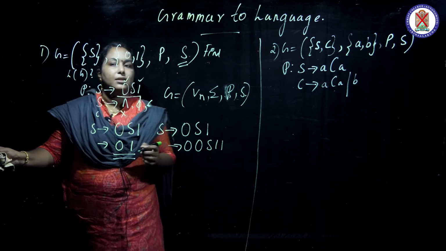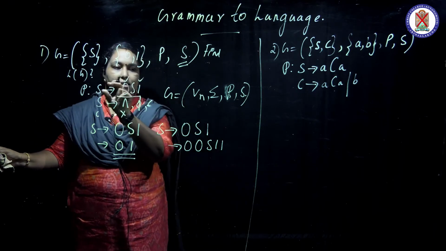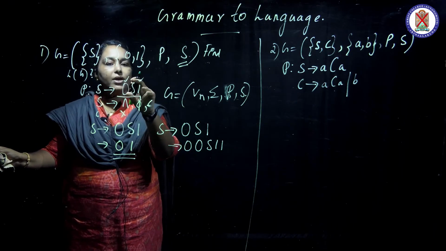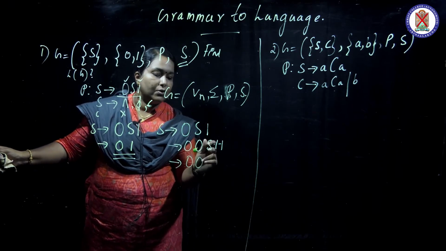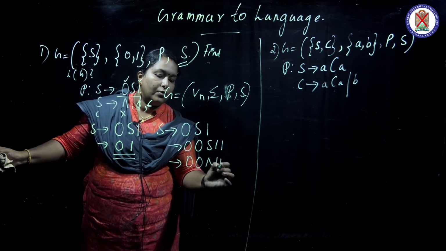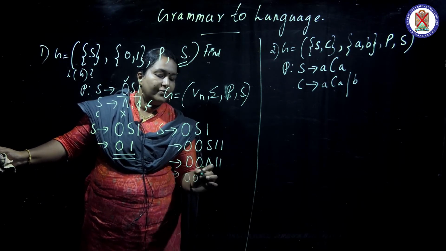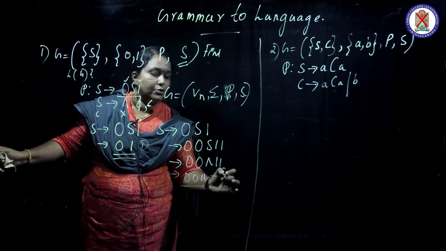As you have seen in Arden's theorem, S can again be substituted here, where S is already given as 0S1. So substituting epsilon for S, we get 0011. Okay, so what will we get from this pattern? Two patterns, 1 and 2.